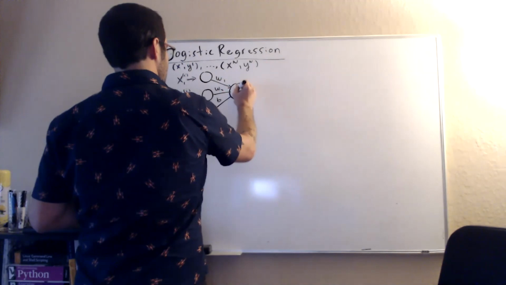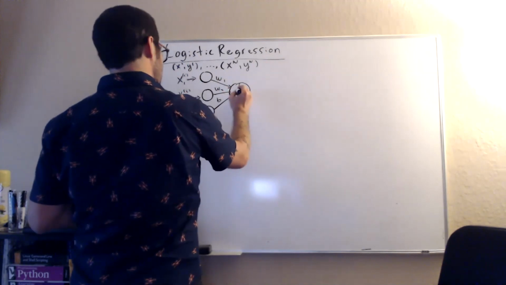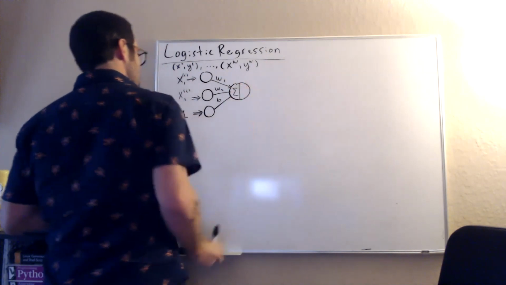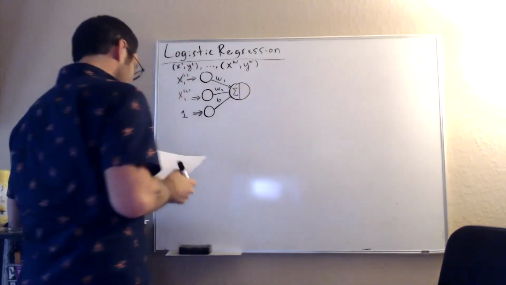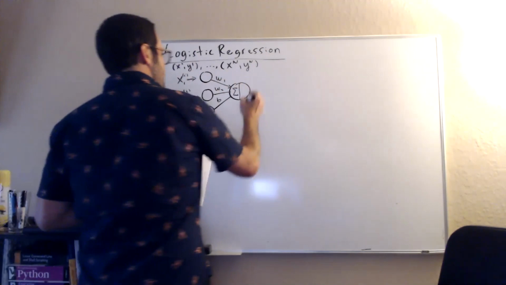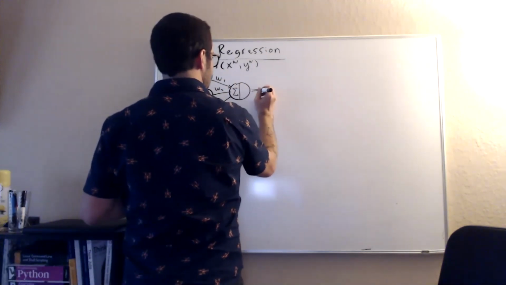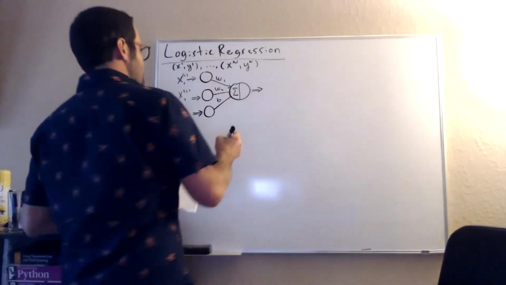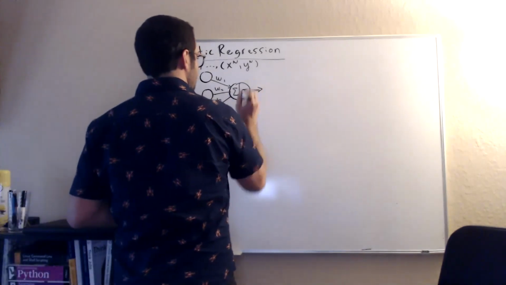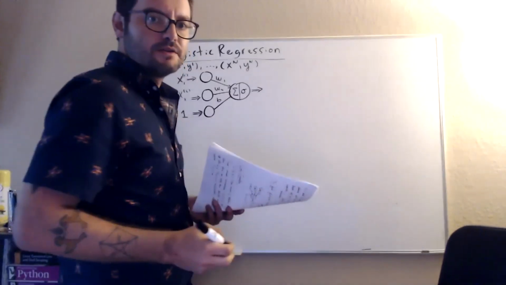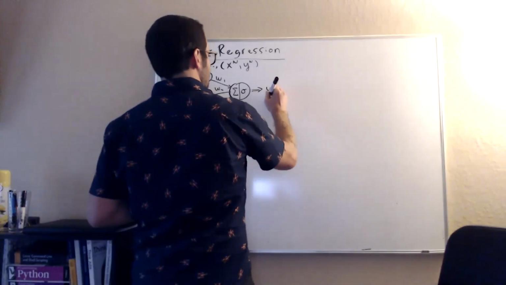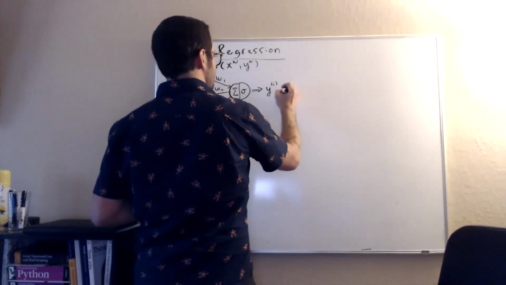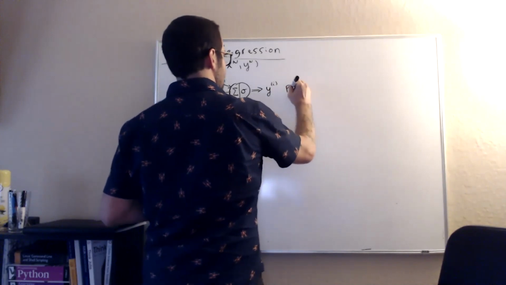And we look at some linear combination of these values here. And then we output a prediction based off of the sigmoid function. Right? And this prediction for a given input i is going to be a probability.